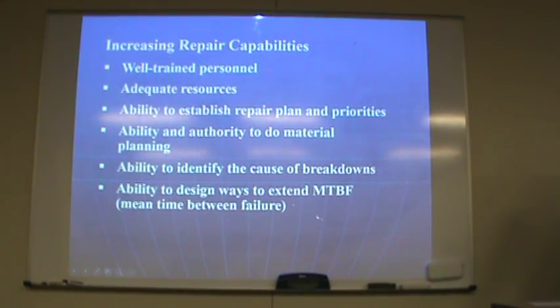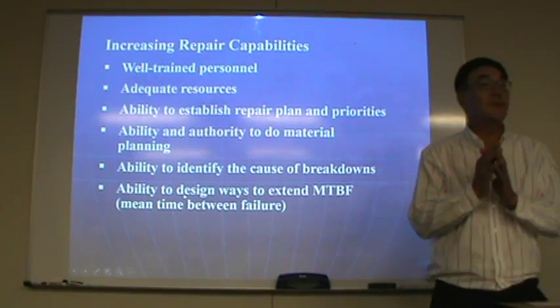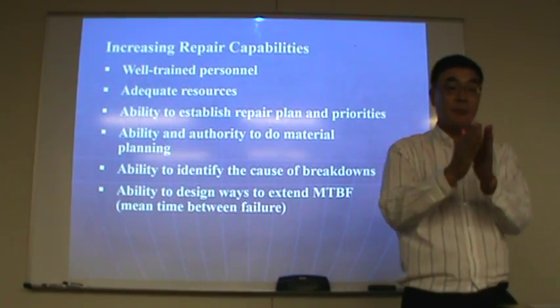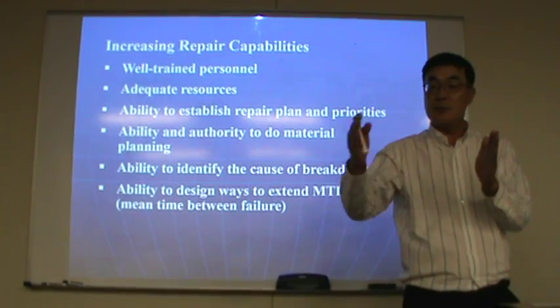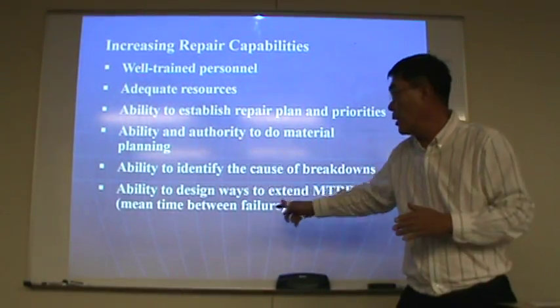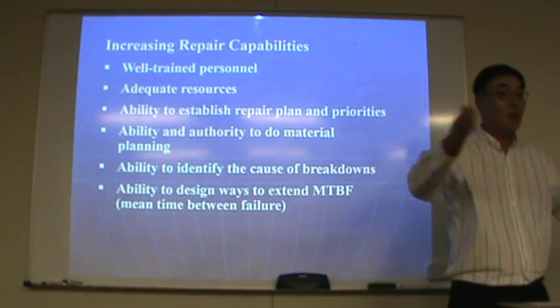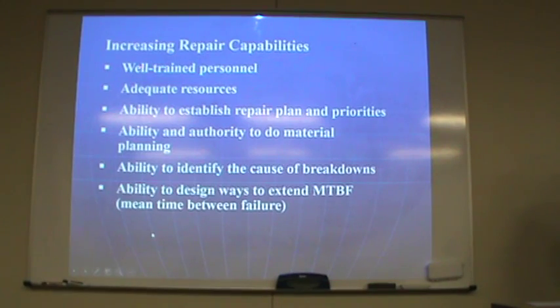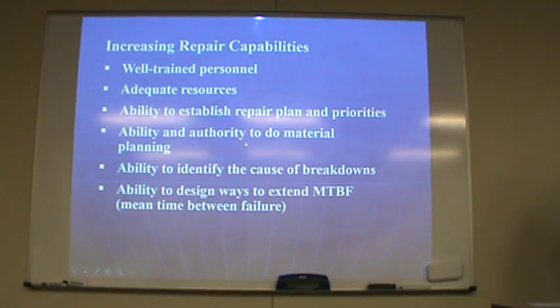And then MTBF, mean time between failure. If the quality is improved, then the time between maintenance is longer, right? Mean time between failure longer, and so on. That's all for chapter 16 and 17.